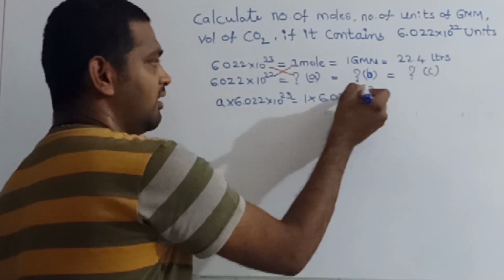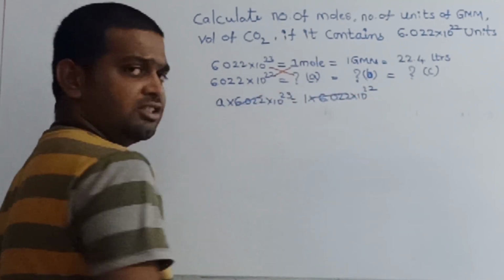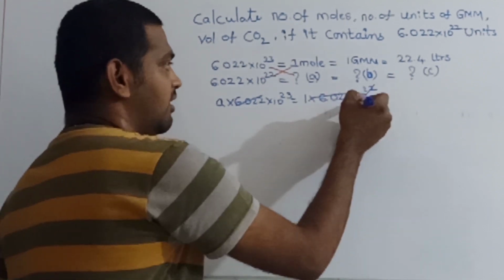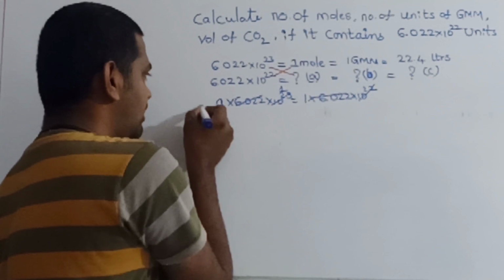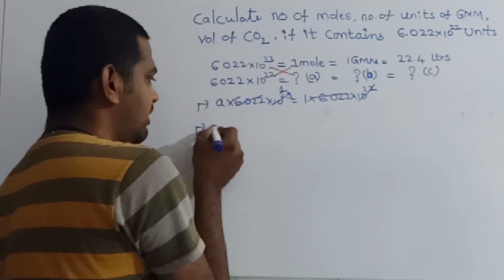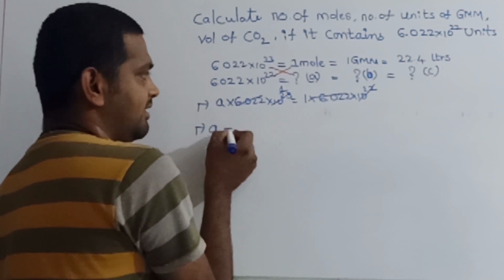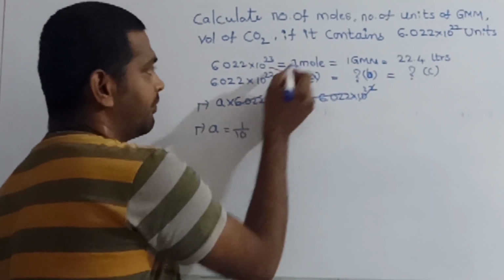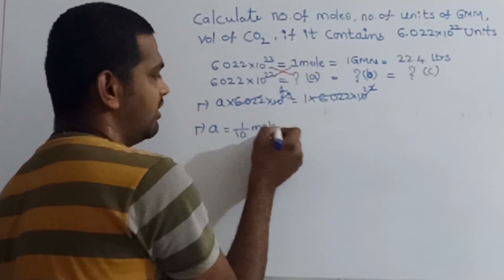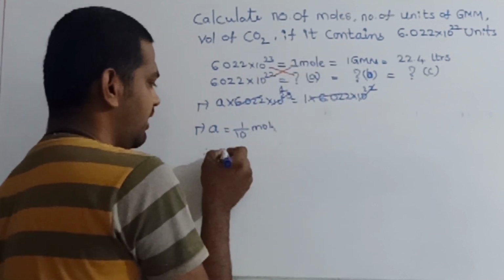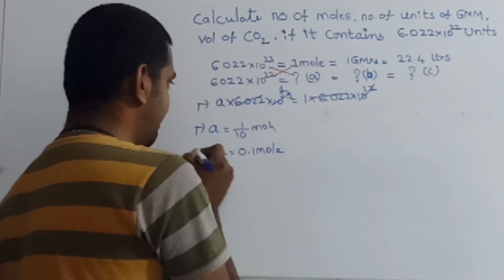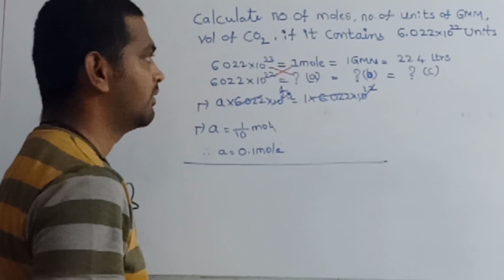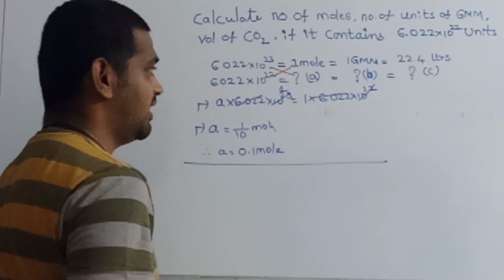So 6.022 and 6.022 will get cancelled. 10 to the power of 22, here you will get 1. So A is equal to 1 by 10 moles, therefore A is equal to 0.1 mole.